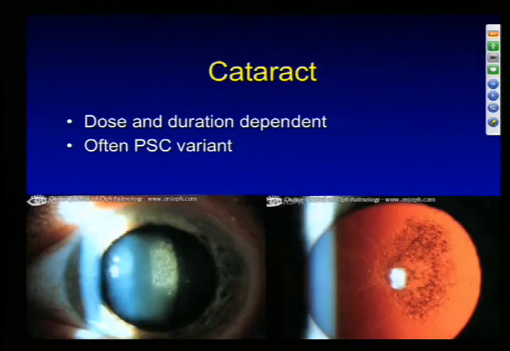The type of cataract that develops with cortisone use is called a posterior subcapsular cataract, which is like a sandblasting or a frosting right inside the back capsule of the lens, and it looks kind of whitish or frosted there. This type of cataract, even in the early stages, is very debilitating to patients because they get a lot of glare from lights.